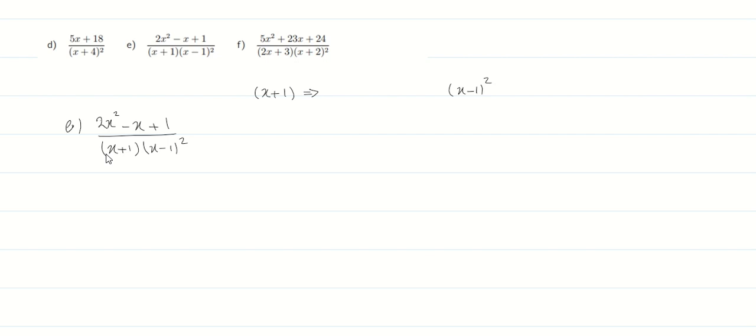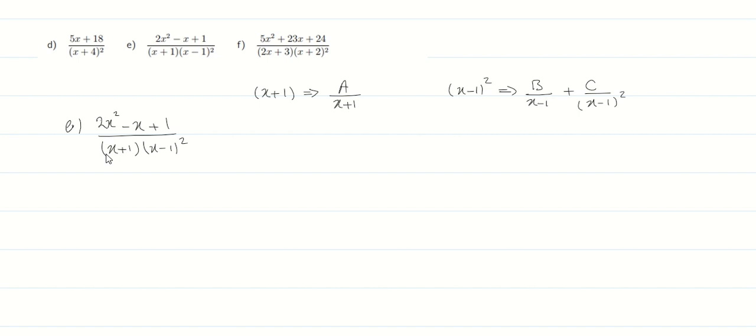For example, the x plus 1 factor gives us an a over x plus 1 term, and x minus 1 squared gives us b over x minus 1 plus c over x minus 1 squared in the decomposition.